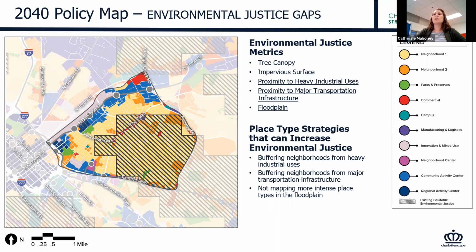And so again, we looked for opportunities to recommend a place type change in order to try to mitigate that impact. There were not as many opportunities as we had hoped. And so we'll continue to look for tools or solutions in future planning efforts. For example, we might be able to recommend some design solutions for some infrastructure projects in future efforts that would help mitigate these impacts.